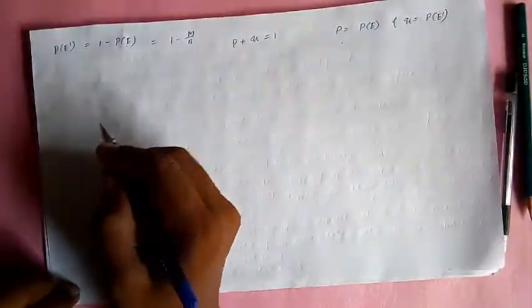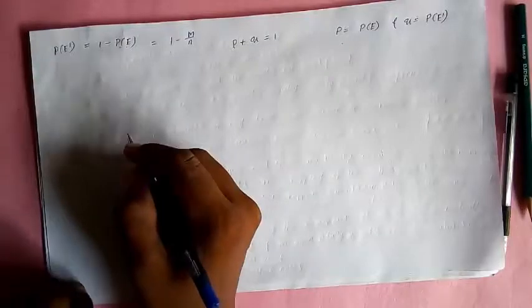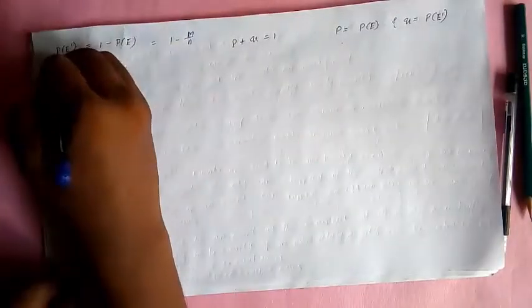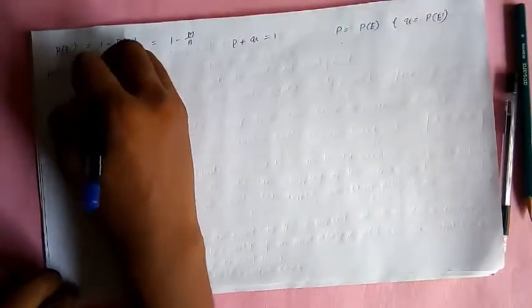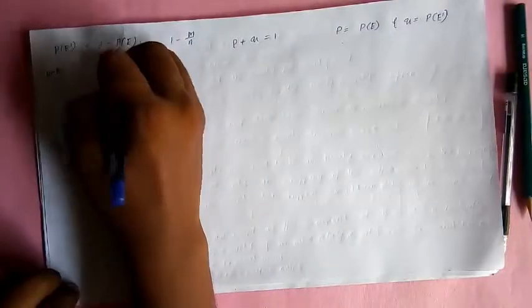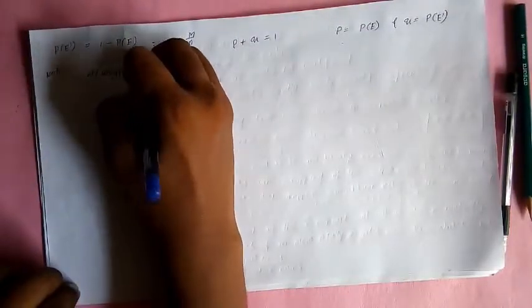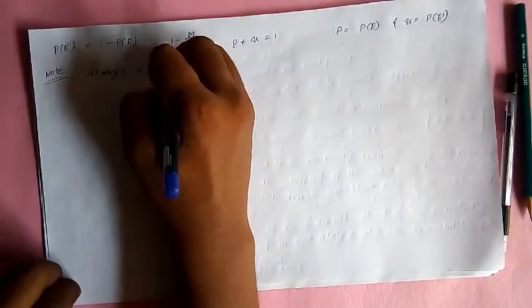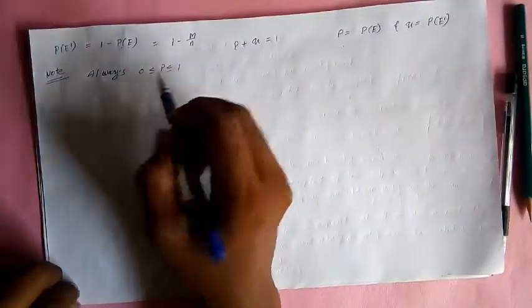Okay, next we are going to another note. Note, always 0 less than or equal to P less than or equal to 1. That is, P lies in between 0 and 1.